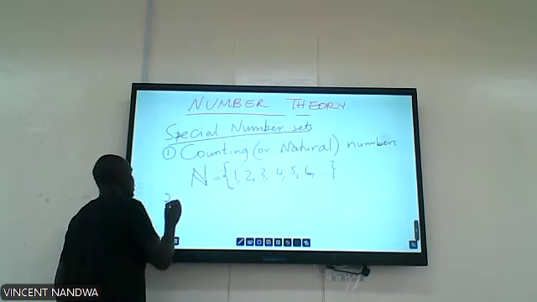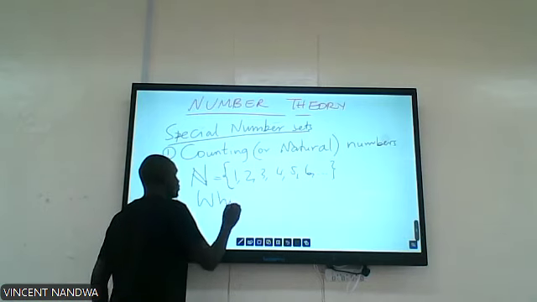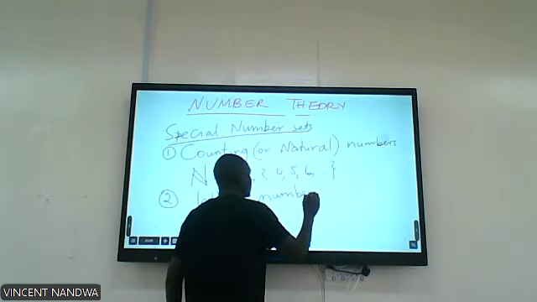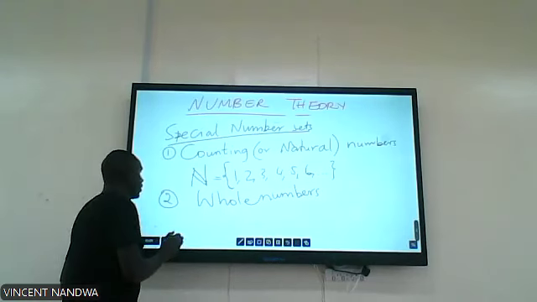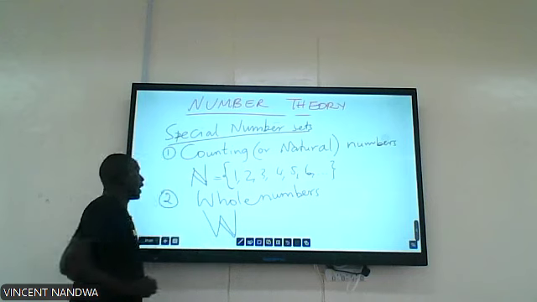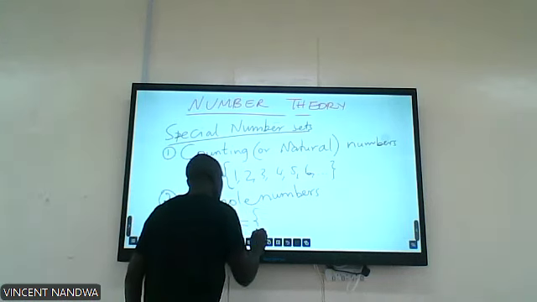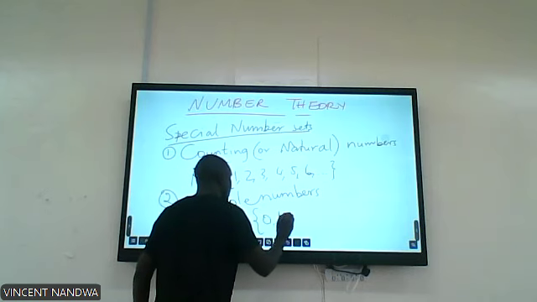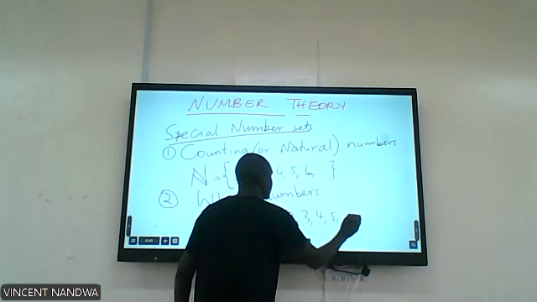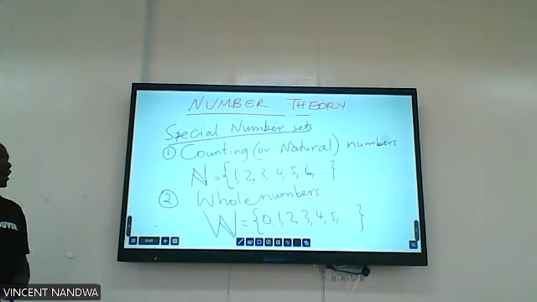So that gives us the second set of numbers, which we call whole numbers, abbreviated by W. Now we start from 0, 1, 2, 3, 4, 5, etcetera.